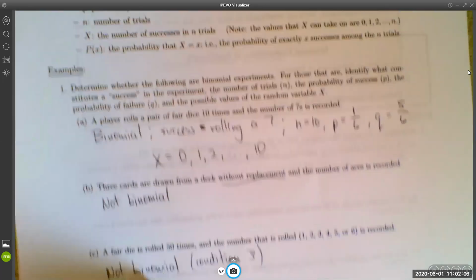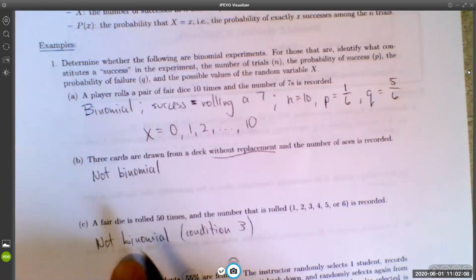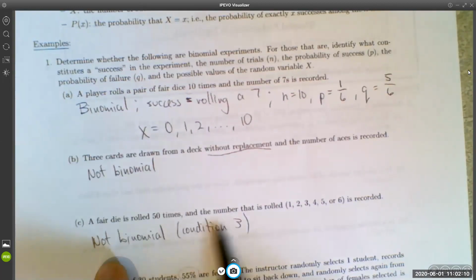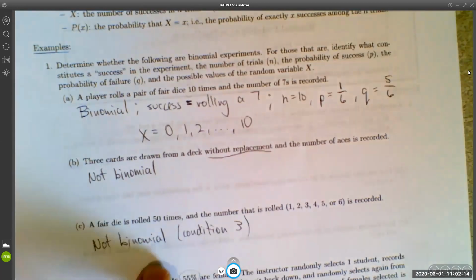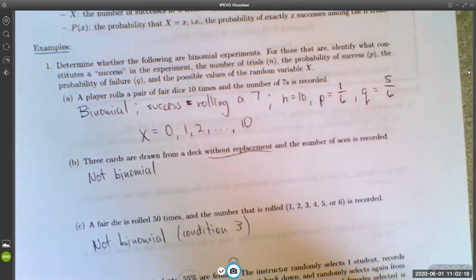Let's remind ourselves, 1C was this problem right here. It was the one where a fair die is rolled 50 times and the number that is rolled is recorded. We can make this one binomial by choosing some outcome to be a success.